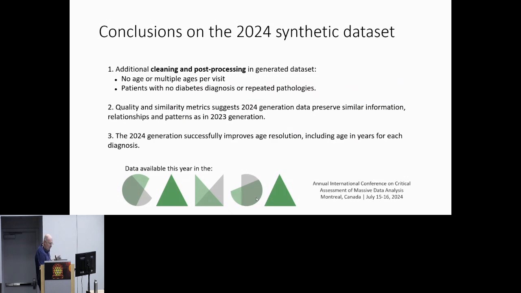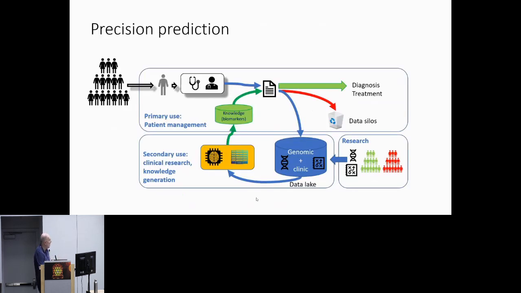So let me put a couple more slides to show how important and how disruptive the use of the data can be, especially on the side of trying to make better predictors in health.